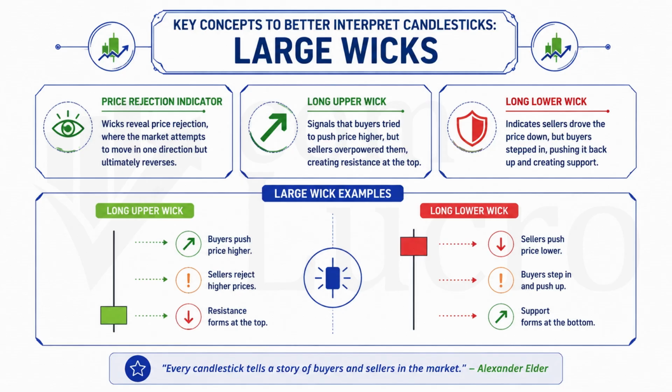Likewise, a long lower wick shows that sellers pushed price down, but buyers stepped in and drove it back up, signaling support. Wicks often act as early warning signs of a reversal. A long wick above the body can mean price is running into resistance, making it hard for buyers to push higher. A long wick below the body suggests buyers are stepping in to keep price from falling further.